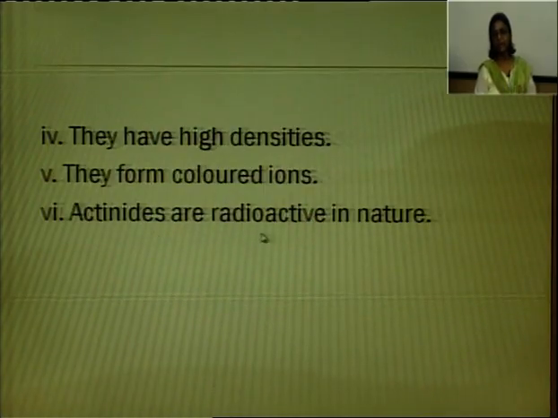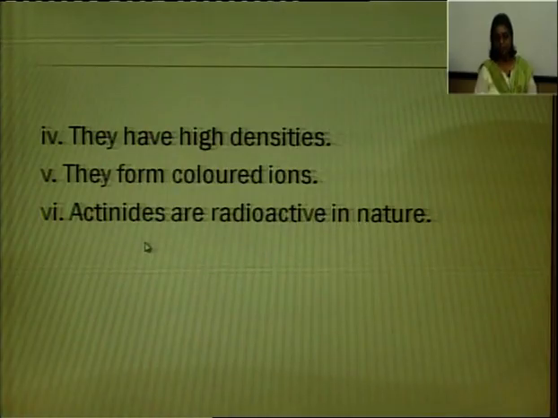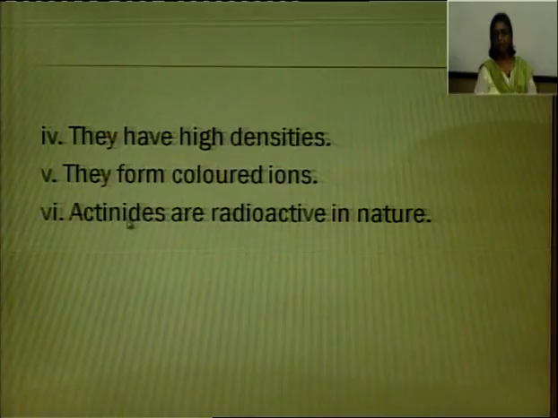Actinides are radioactive in nature, that is, actinides keep on decomposing by themselves, and these radioactive materials are actually used for various activities which are good for humans, such as we have nuclear power plants based on thorium.